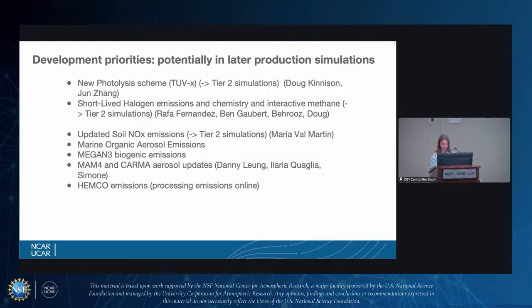Okay. Yes, question. Question about the methane emissions and whether interactive wetland is part of that model or what the plans are there. I don't see, oh, there's Ben.